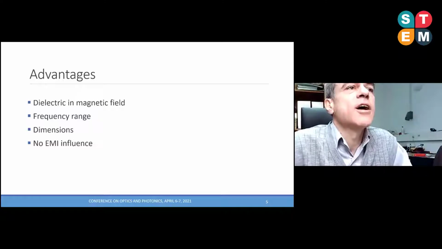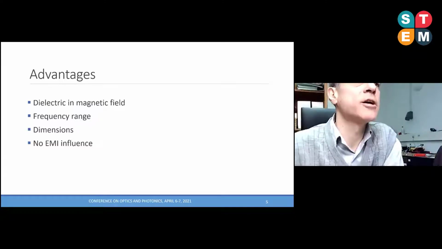The last advantage holds for all optical sensors: information is carried by light. So no electromagnetic interference is a problem. The opposite is true when you are carrying information through copper wires.